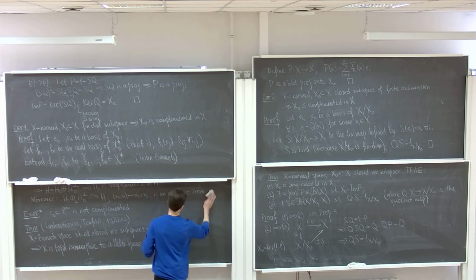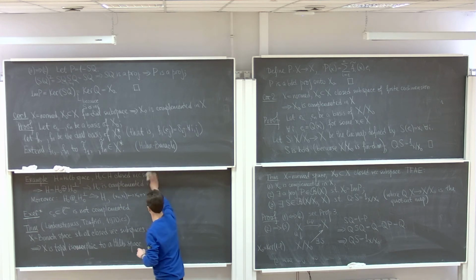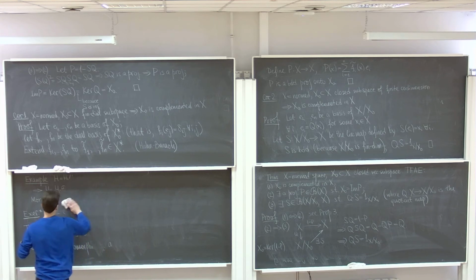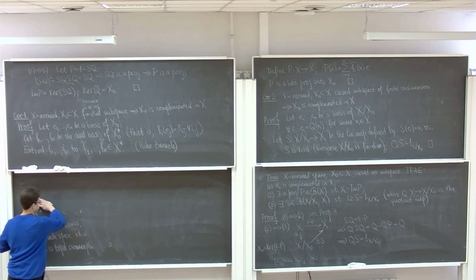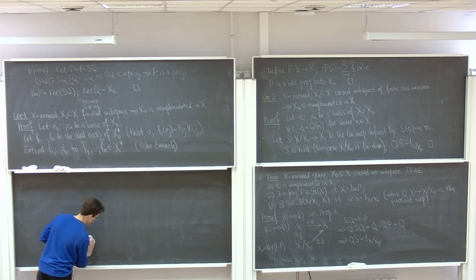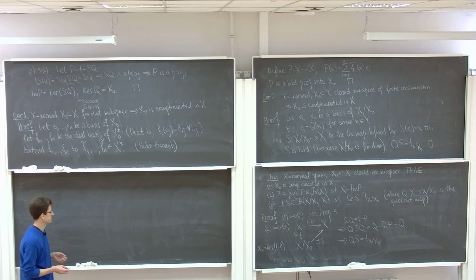Okay, so that's all I wanted to tell you about complemented subspaces. And now we come back to the theory of Fredholm operators. So our next goal will be to prove the Nikolsky-Atkinson criterion, which characterizes Fredholm operators in terms of compact operators.